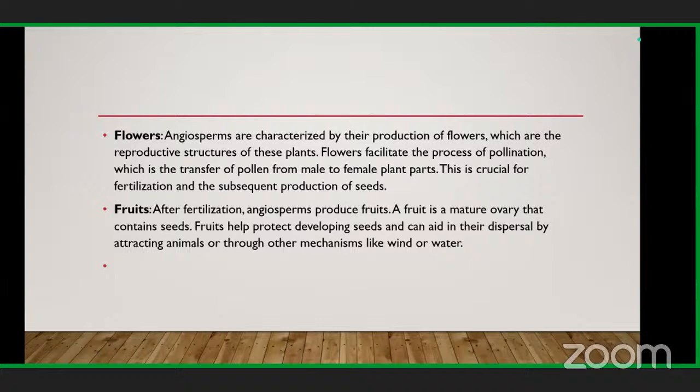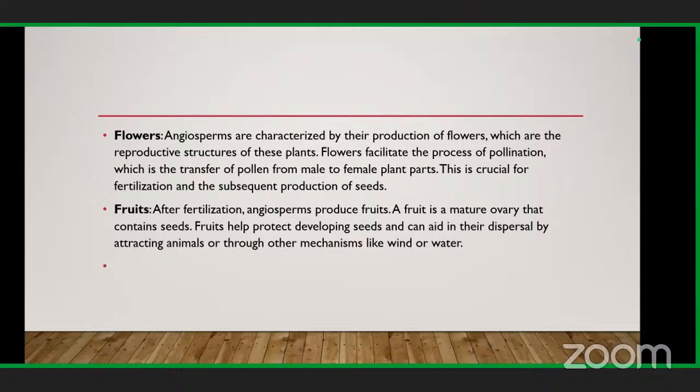Fruits help protect developing seeds and can aid in their dispersal by attracting animals or through other mechanisms like wind or water. So what is the purpose of this fruit? It gives protection to the developing seeds and helps in dispersal.